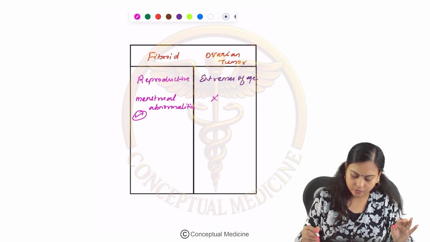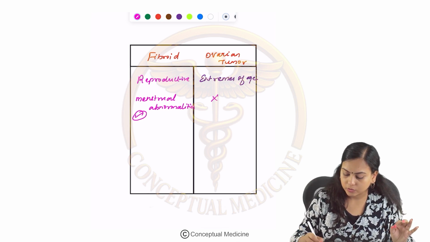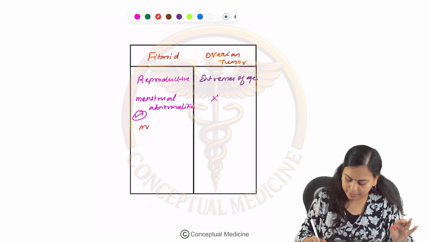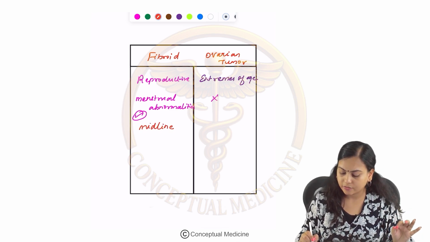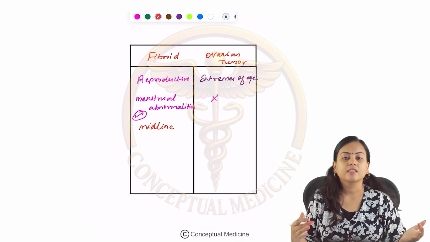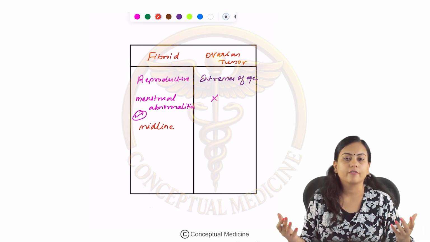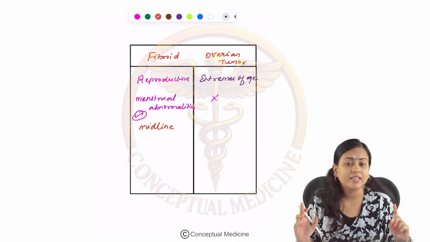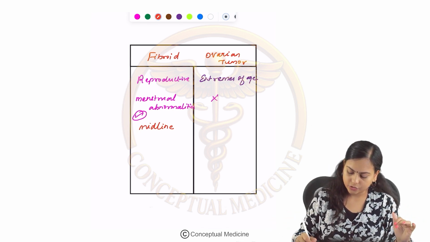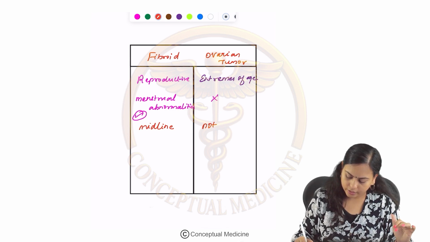And the next thing you have to know is that a fibroid is completely a midline mass because it is going to arise from the uterus itself. Whereas in ovarian tumor, either the right ovary can go for a tumor or left ovary can go for the tumor. Even if both ovaries go for a tumor, definitely the mass is not midline. So, it is not a midline mass, right?